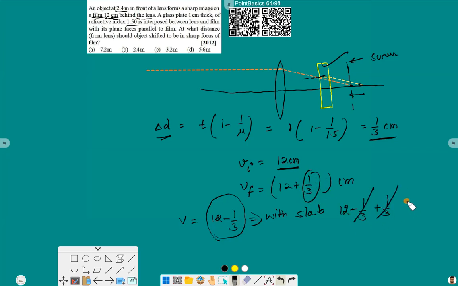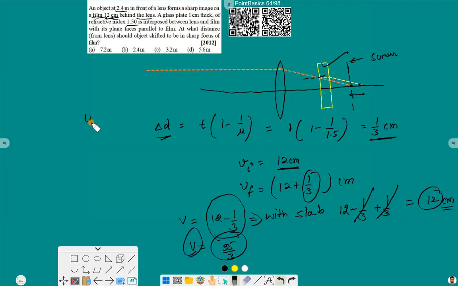So these 1 by 3 get cancelled, and we will get our final image at 12 centimeter where we have the screen. So the new value of V is 36 minus 1, means 35 by 3.